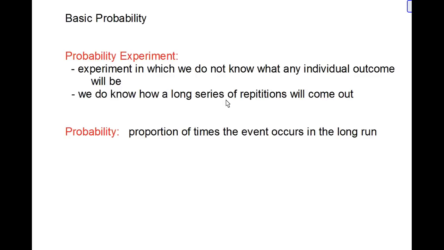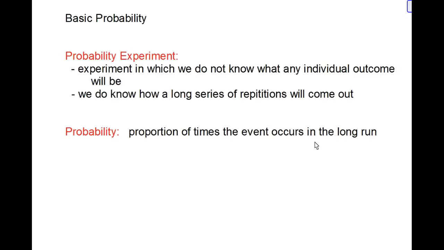repetitions will come out. For example, we don't know what the individual outcome of flipping a coin is, but done over and over and over, we do know that 50% of the time it'll be heads, 50% of the time it'll be tails. And so probability is the proportion of times that an event occurs in the long run.